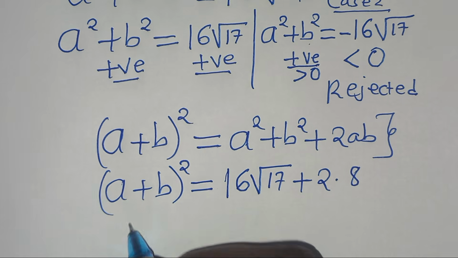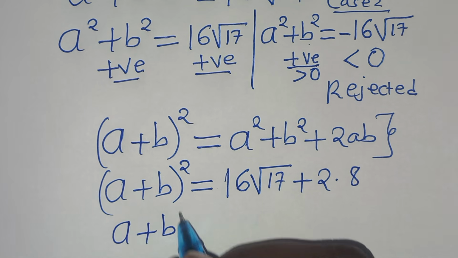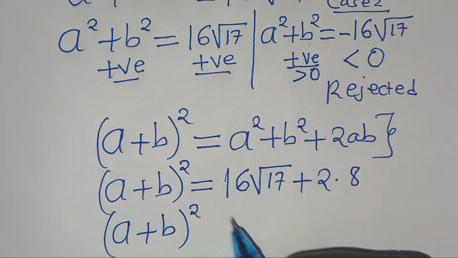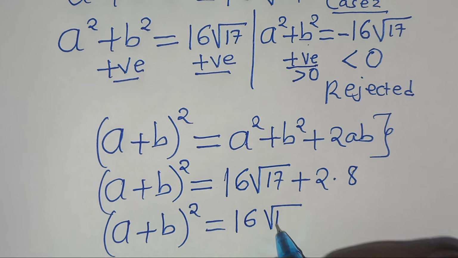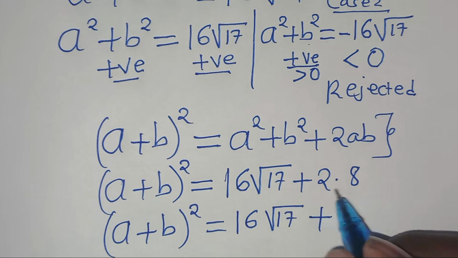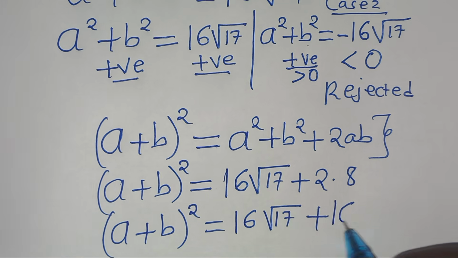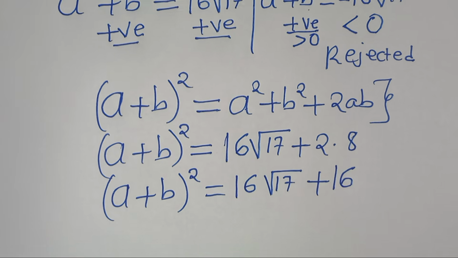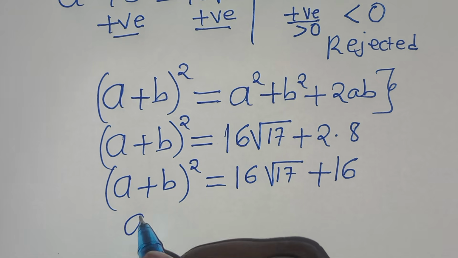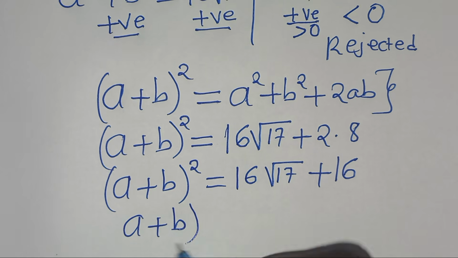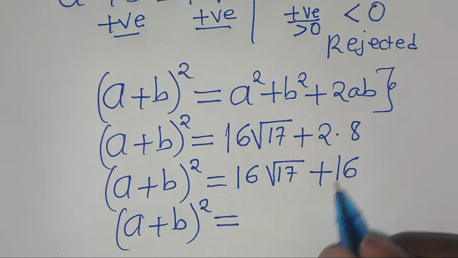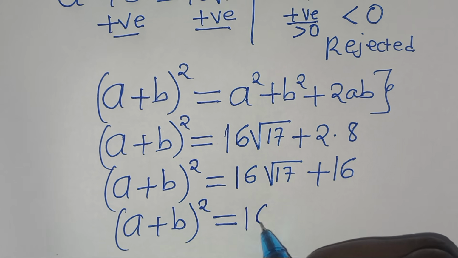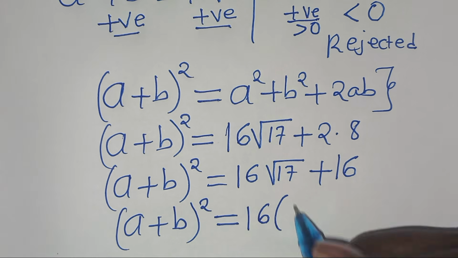So that now we have a plus b raised to the power of 2. This is equal to 16 square root of 17 plus 2 times 8, which is 16. Now we have that a plus b raised to the power of 2. This is equal to 16 is common here, so we can factor out 16 into the parentheses.